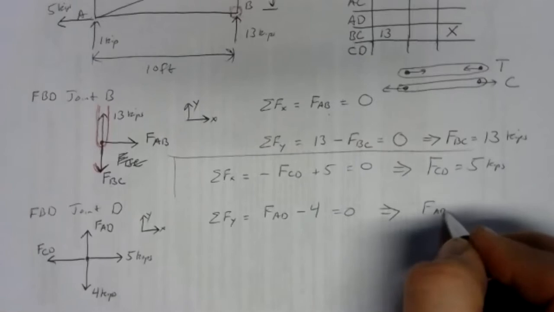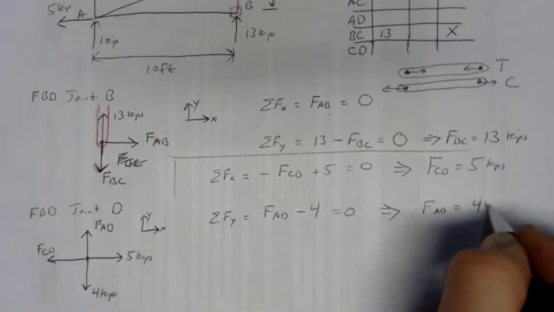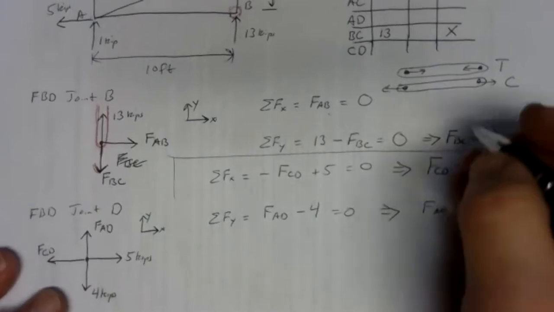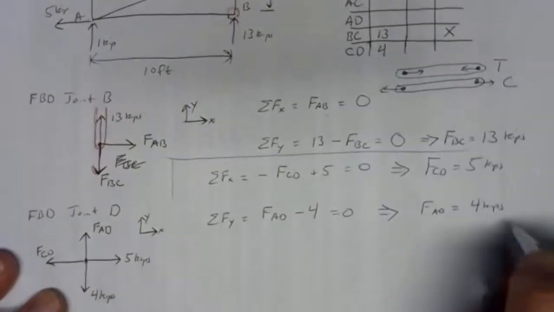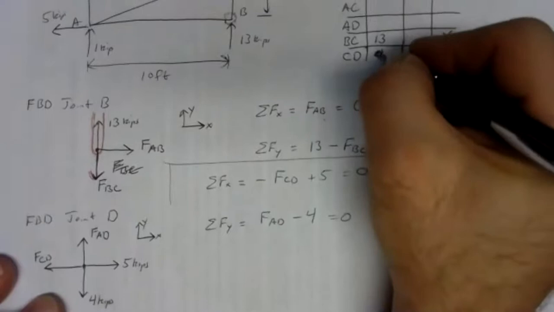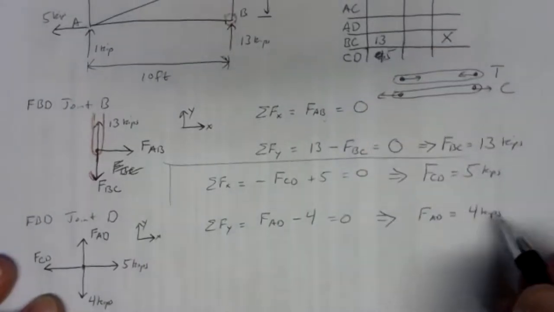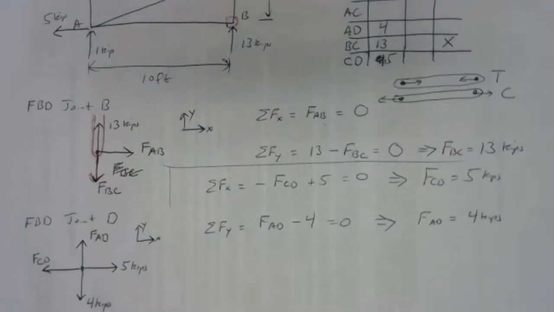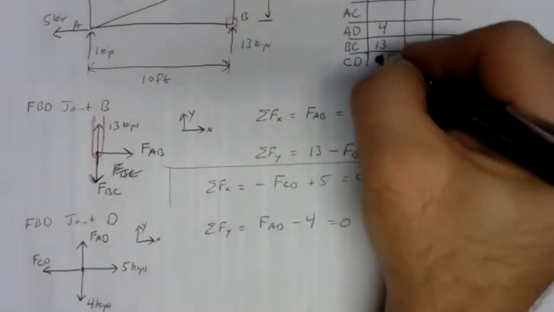And FAD is a positive 4 kips. So we got both of those right. The assumed directions are good. Member CD carries 5 kips. And member AD carries 4 kips. So we can fill those in the table.